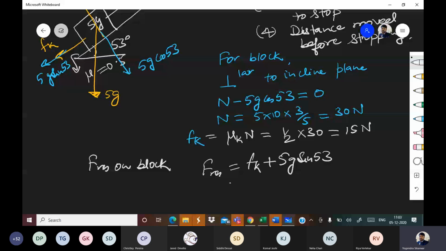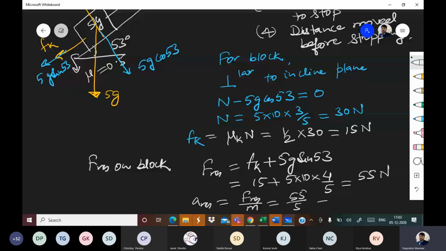So Fk is 15 plus 5 into g into sine 53, which is 4 by 5, and that comes out to be 55 Newton. So a resultant is equal to F resultant by m, 55 by 5, that comes out to be minus 11 meter per second square.